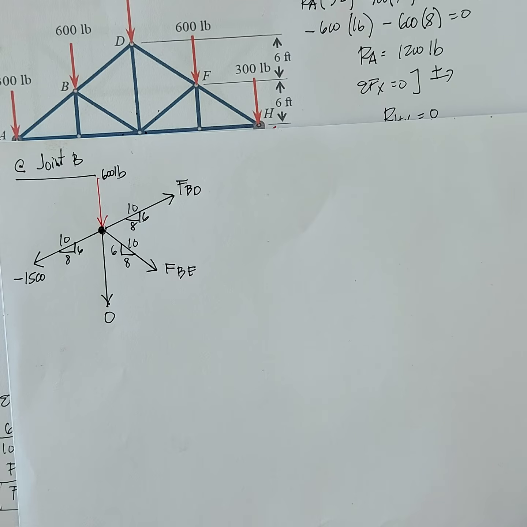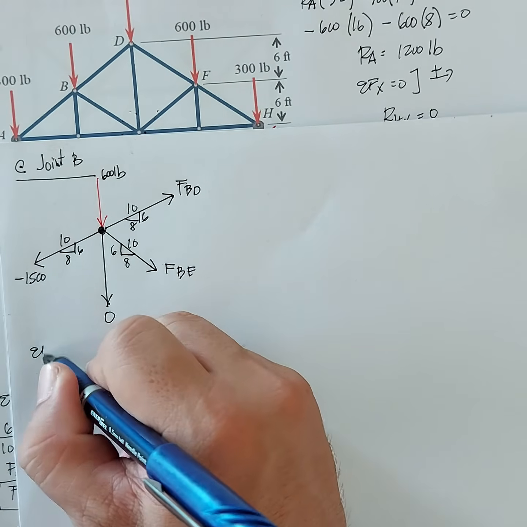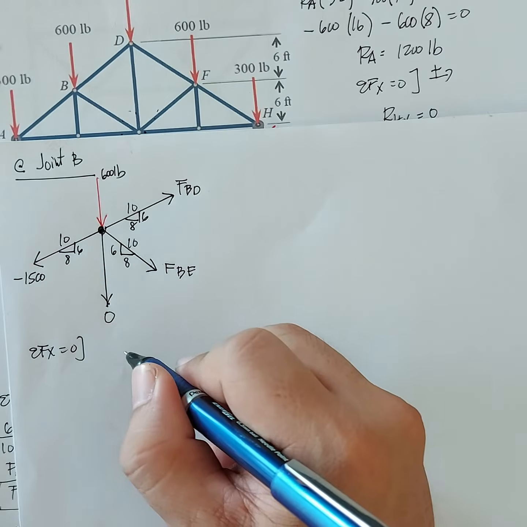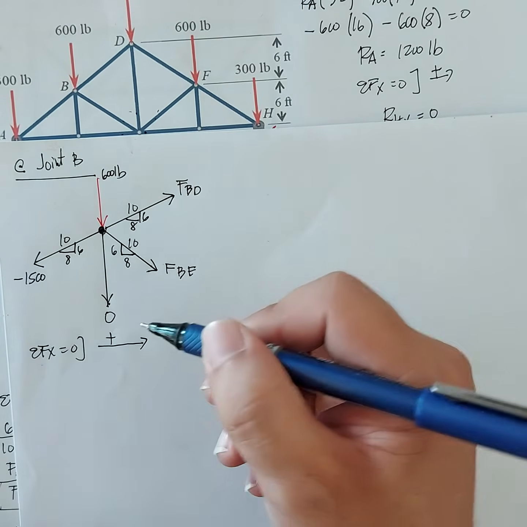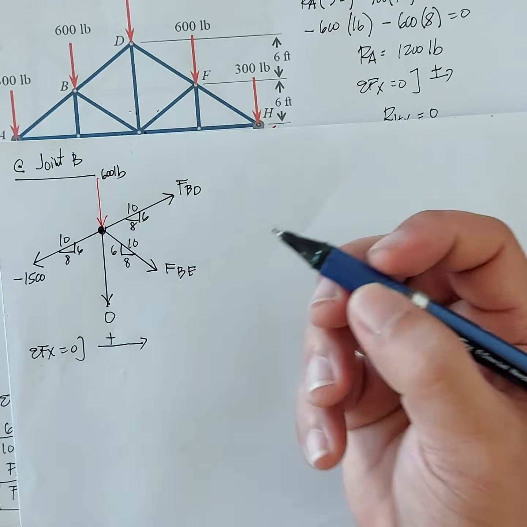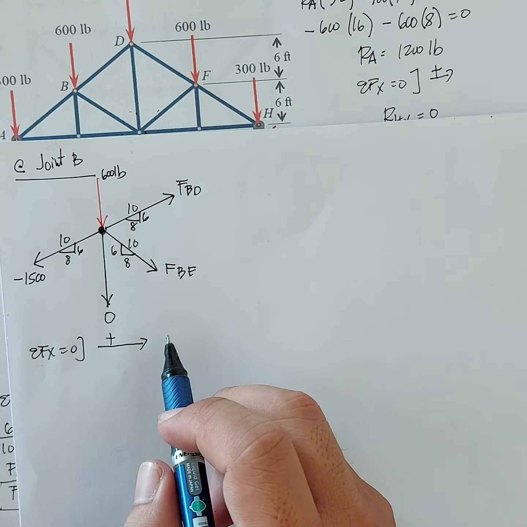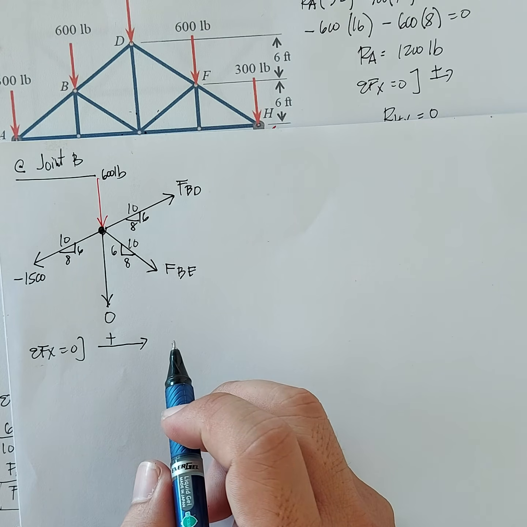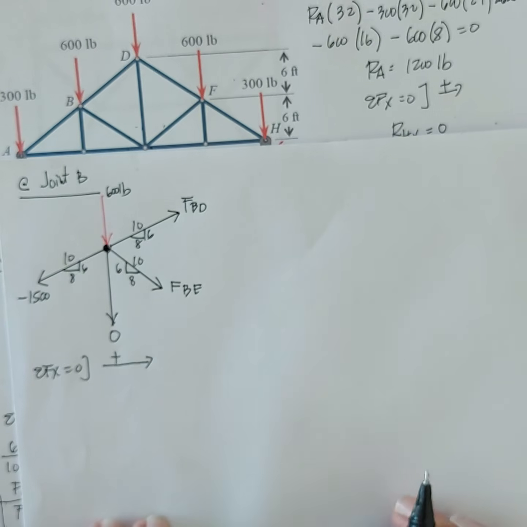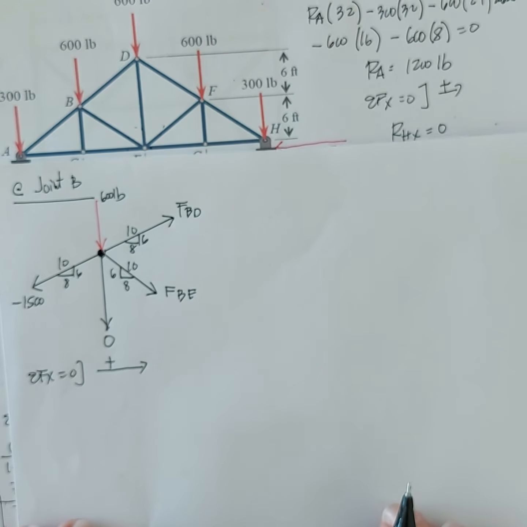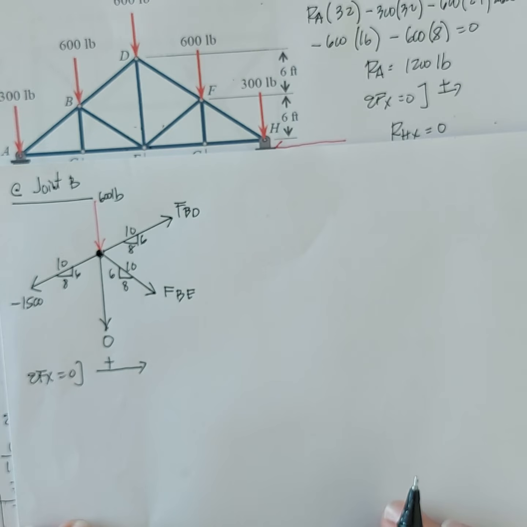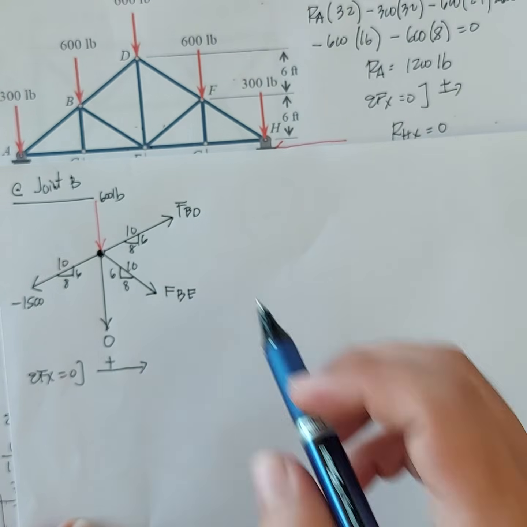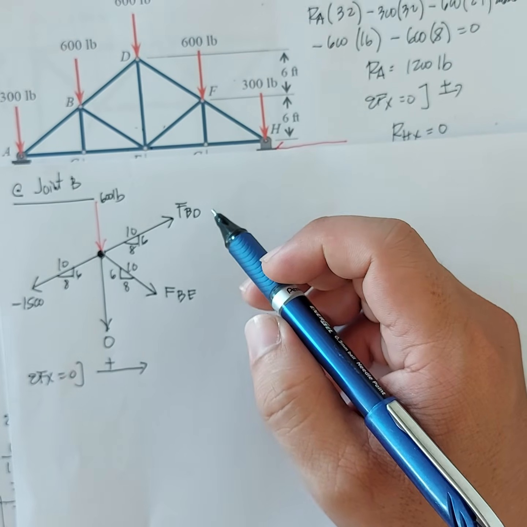Okay, we summate forces along x-axis, equate that to 0. So forces to the right, positive. Okay, so we have horizontal component of FBD, so gawin na natin BD. To the right siya, no?